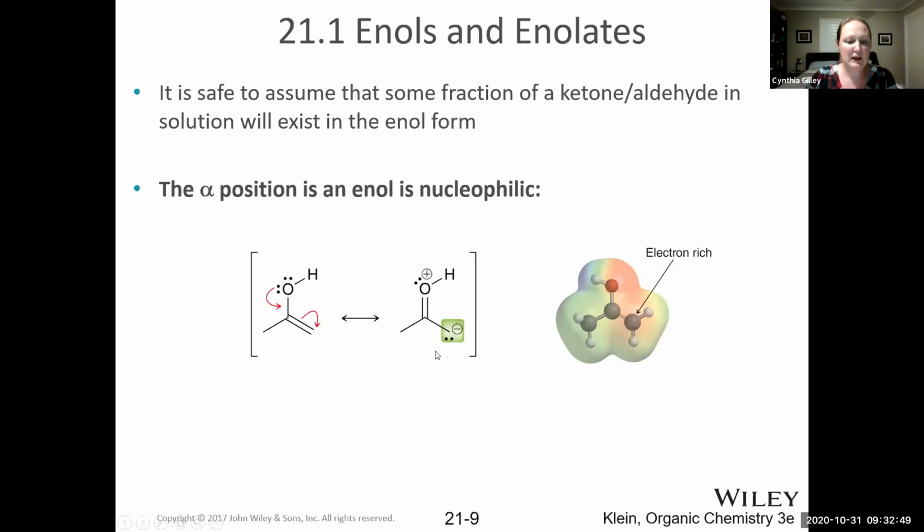So essentially, we've created a nucleophile at the alpha carbon, and we can utilize that nucleophile to react with a variety of electrophiles, which we're going to see with the reactions in this chapter. This is an electrostatic potential map showing you that while the oxygen is electron rich, the alpha carbon actually is also electron rich.